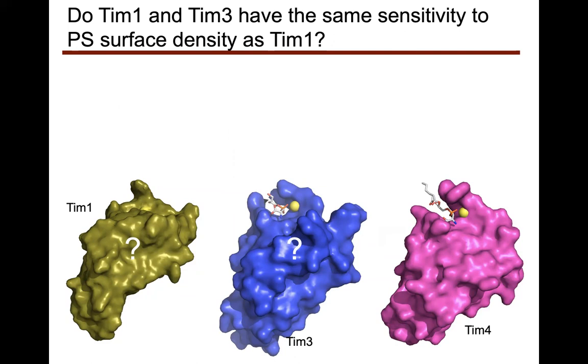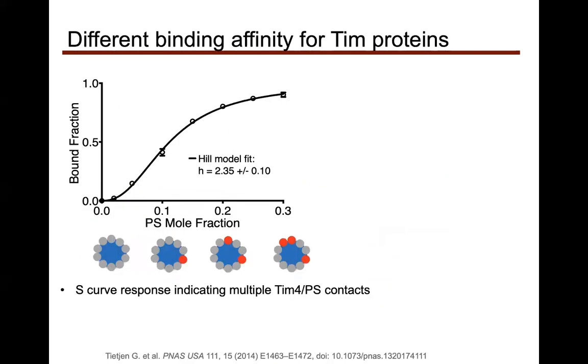But then there's TIM1 and TIM3, and do they have the sensitivity to the PS surface density as their cousin TIM4, as shown earlier? So we tried to look at this using a similar type of binding assay.